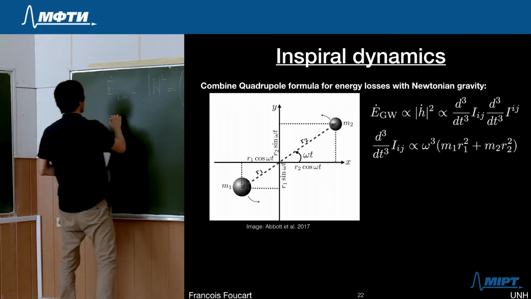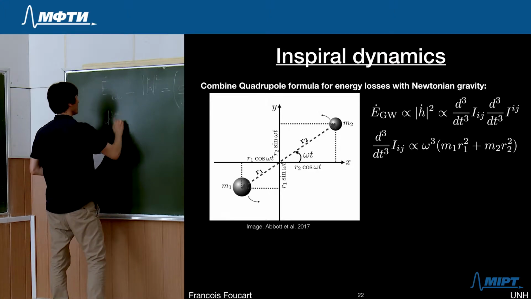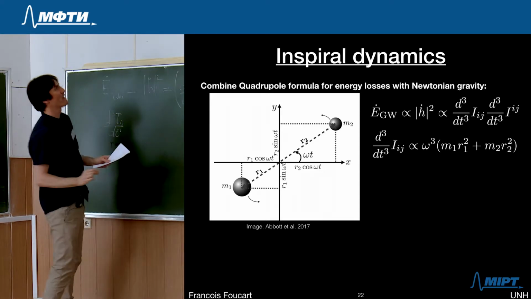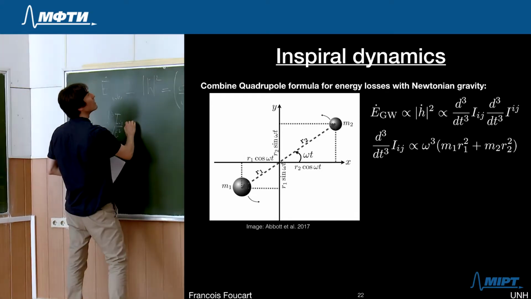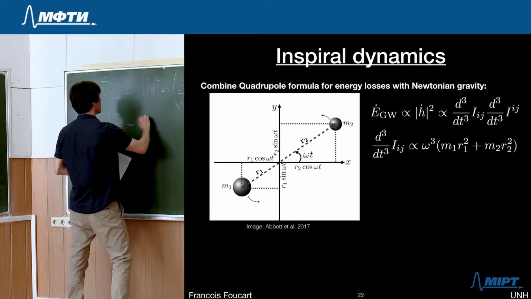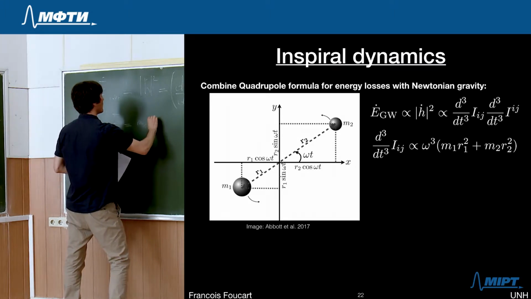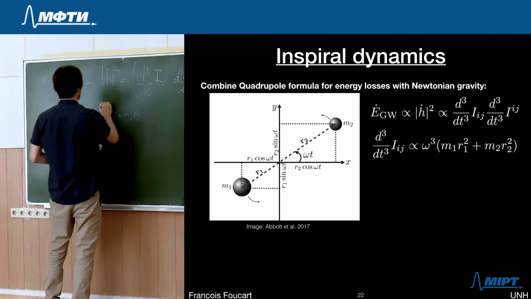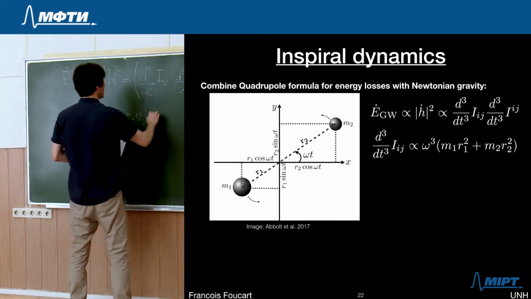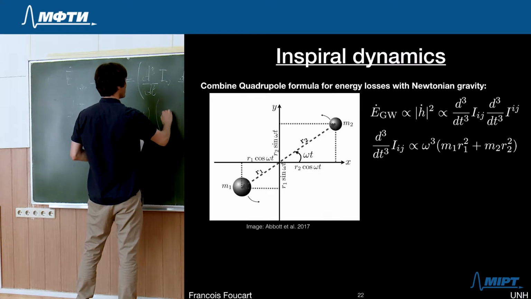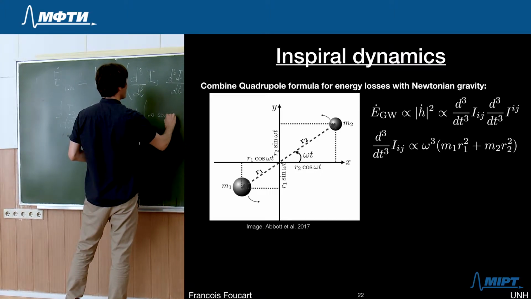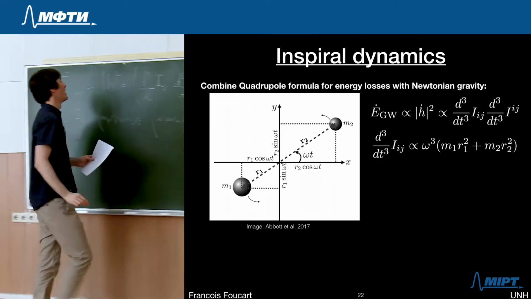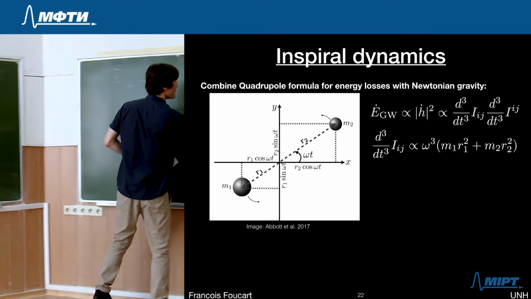So if I actually compute the time derivative of that, the time derivative of the mass quadrupole, well, the mass quadrupole is times something which is proportional to either cos or sine of 2 omega t, depending on which component of the stress tensor you're looking at.